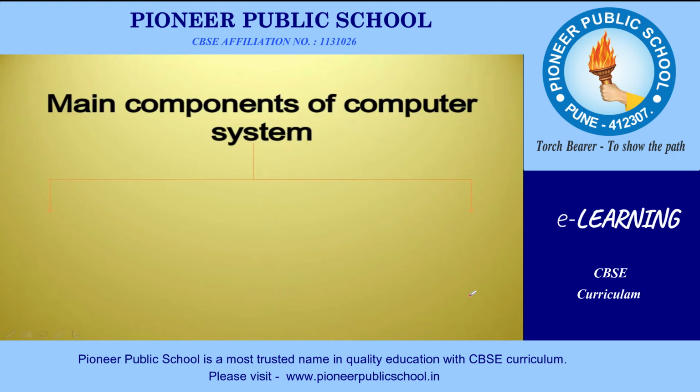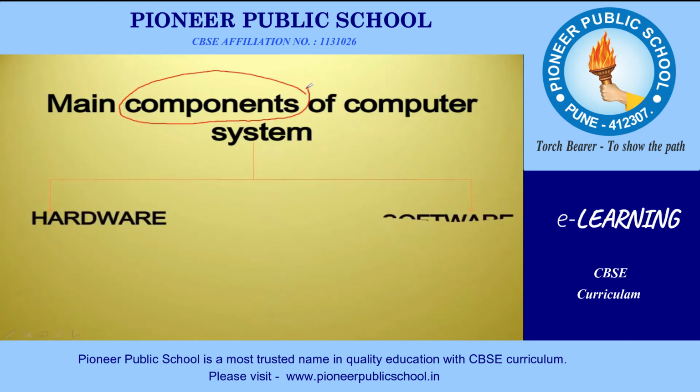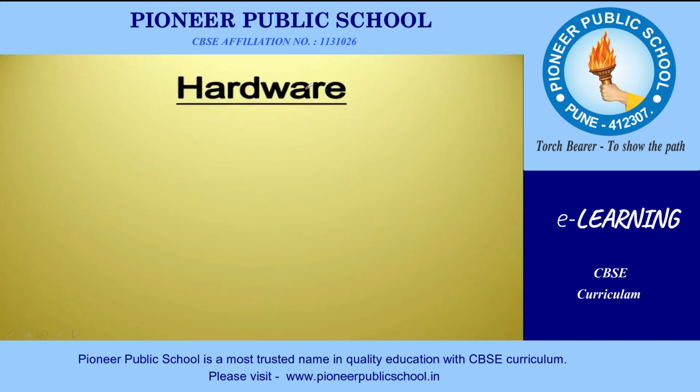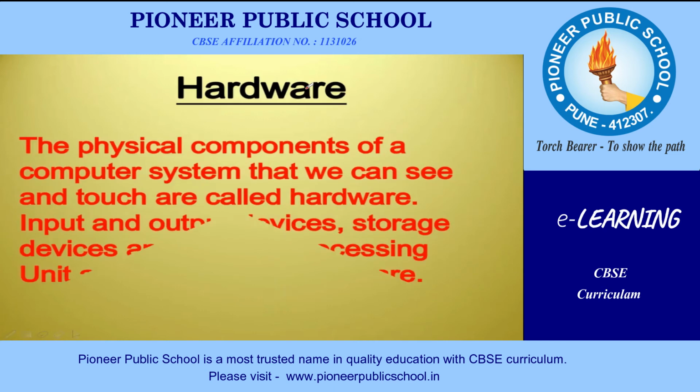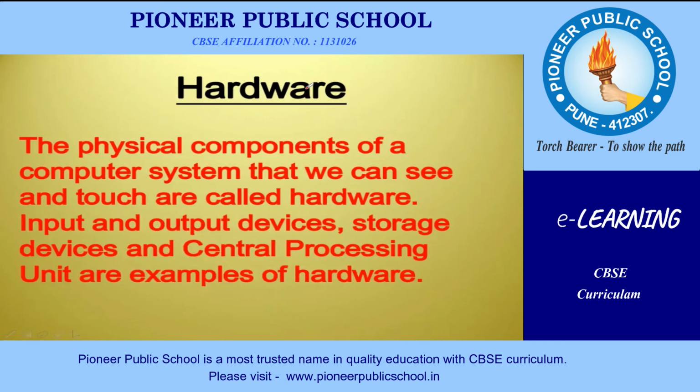So let's move to our next point, the main components of our computer system. There are two main components. First is the hardware and the second one is software. Hardware is the physical components of a computer system that we can see and touch.